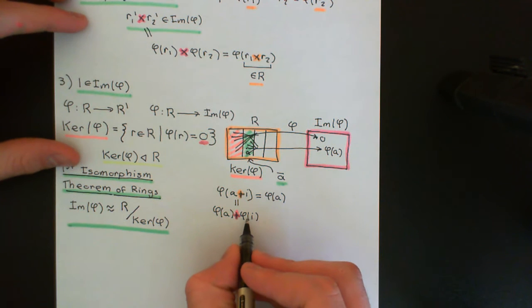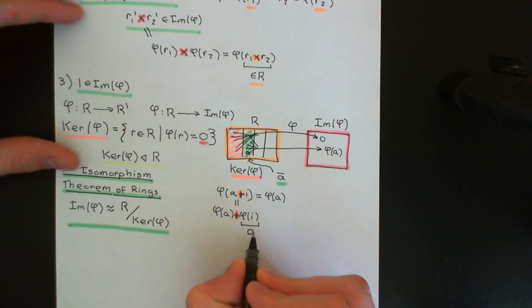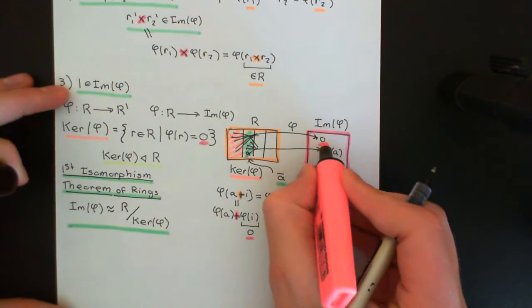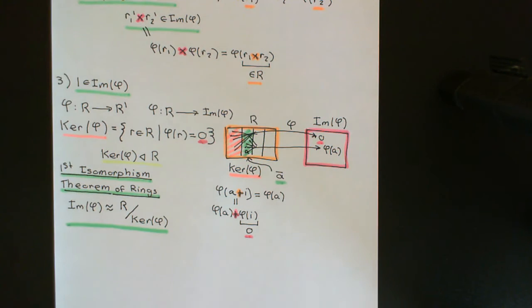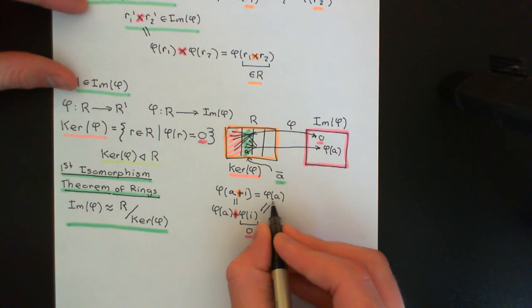Now, phi of an element in the ideal, we know exactly what that is equal to. That's just the additive identity in the codomain ring, because all elements in the ideal, the kernel of the homomorphism in this case, are mapped onto the additive identity. So we've just got phi of A plus the additive identity, and of course this is just equal to phi of A.